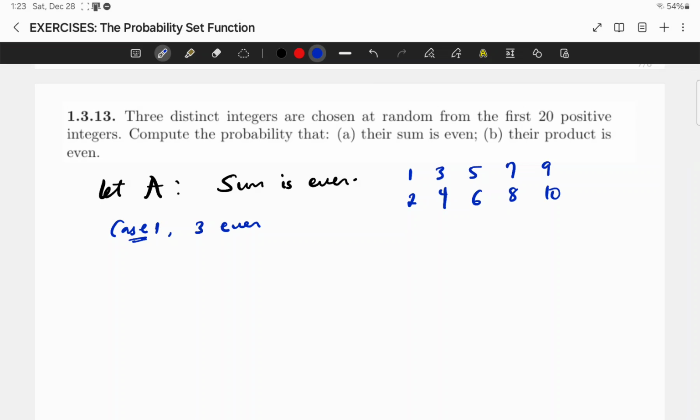However, I think there is still another way whereby we can get a sum of 3 integers that gives us even. So another case is if we sum up 2 odd and 1 even, that is 1 plus 3, 4, 4 plus 2, 6, 3 plus 5, 8, and then 8 plus n.